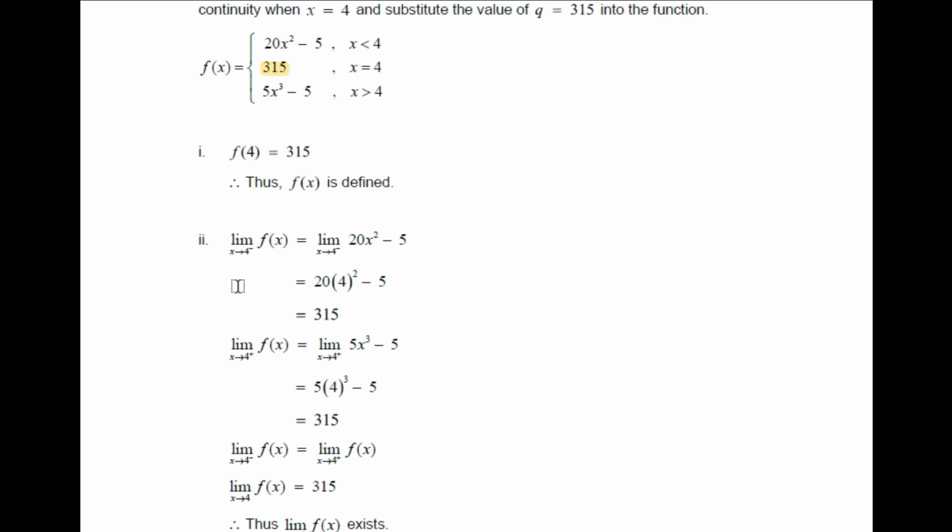So we solve for x approaches 4 from the left first, and we got 315. For the limit of f(x) as x approaches 4 from the right, we also got the same answer, which is 315.